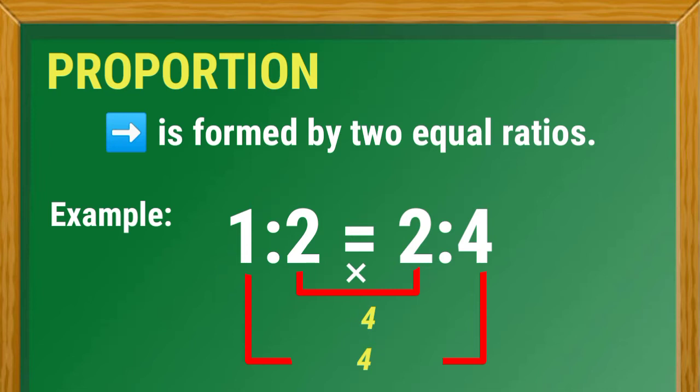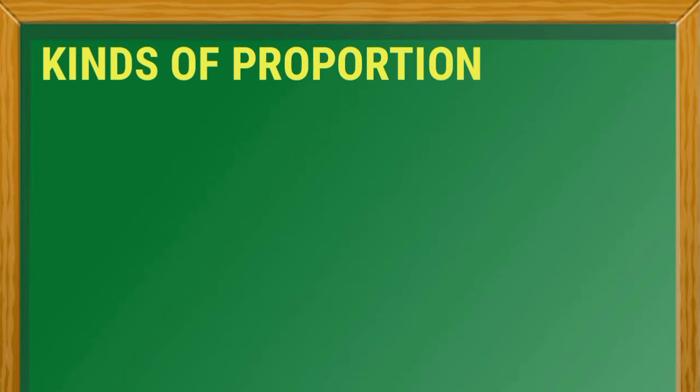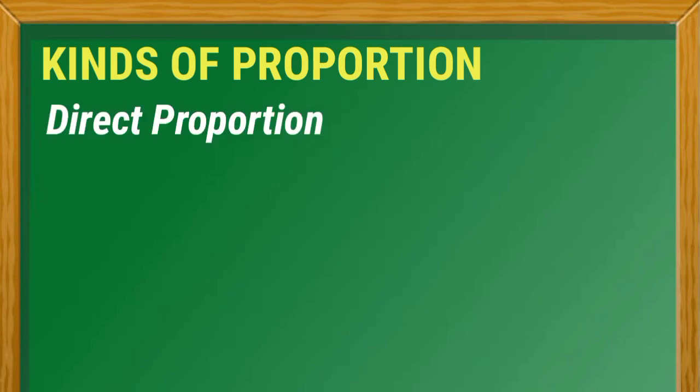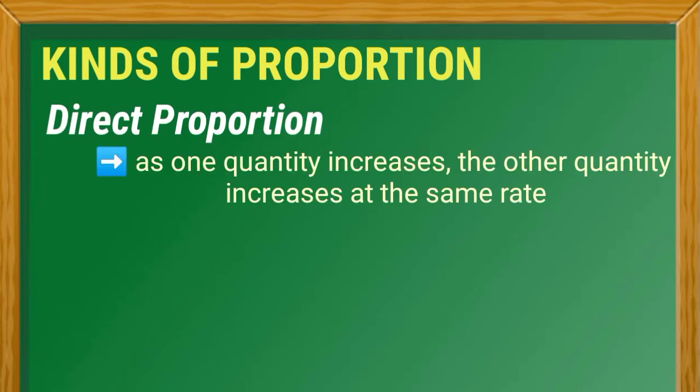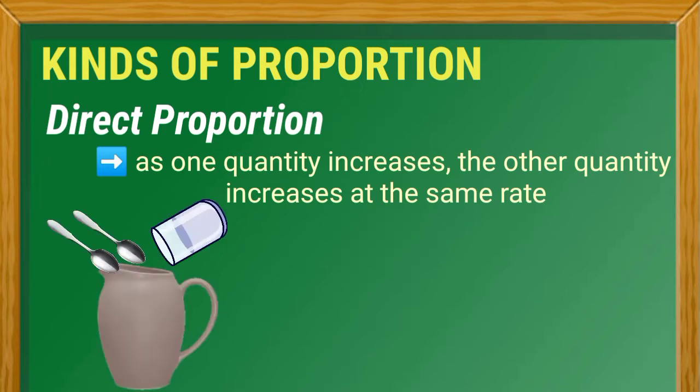They are called proportion. There are three kinds of proportion. We have direct proportion. As one quantity increases, the other quantity increases at the same rate. Example of this: you make an orange juice with a ratio of 2 tablespoons of powdered juice and 1 glass of water, and decided to double the amount of ingredients so that you can share with your friend.